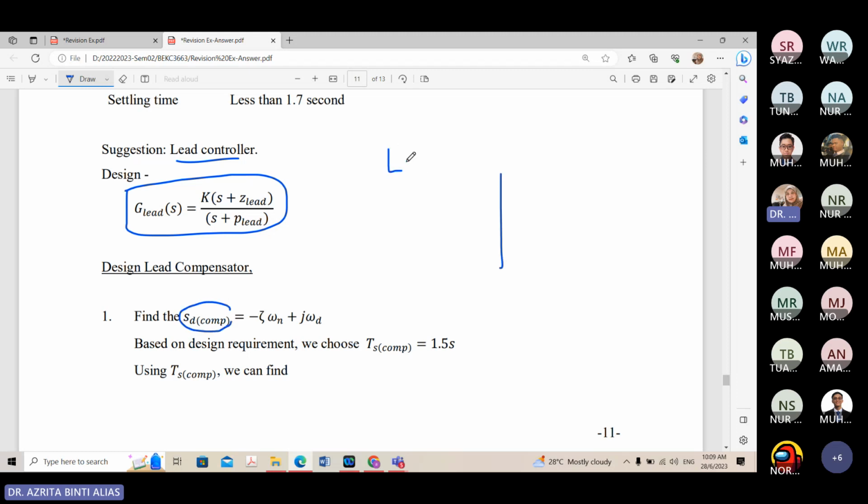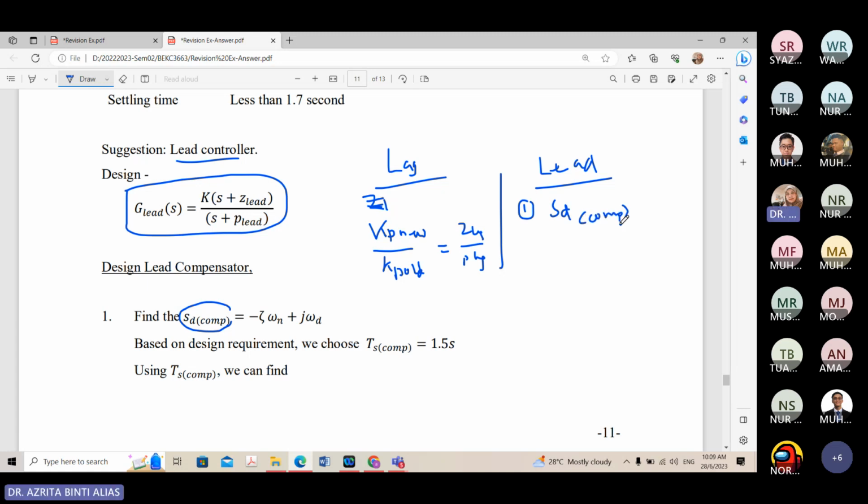So please remember. Kalau untuk lag, we will always use the formula. We will always start with the formula Kp or Kv. So kalau Kp new over Kp old equal to z lag over p lag. But for the lead, the starting point to design the lead compensator is that you need to obtain the s_d compensator.